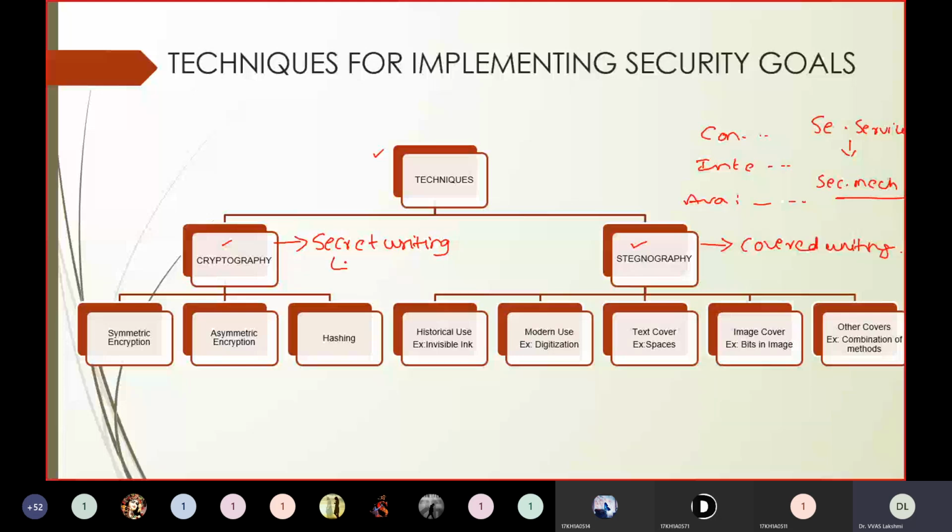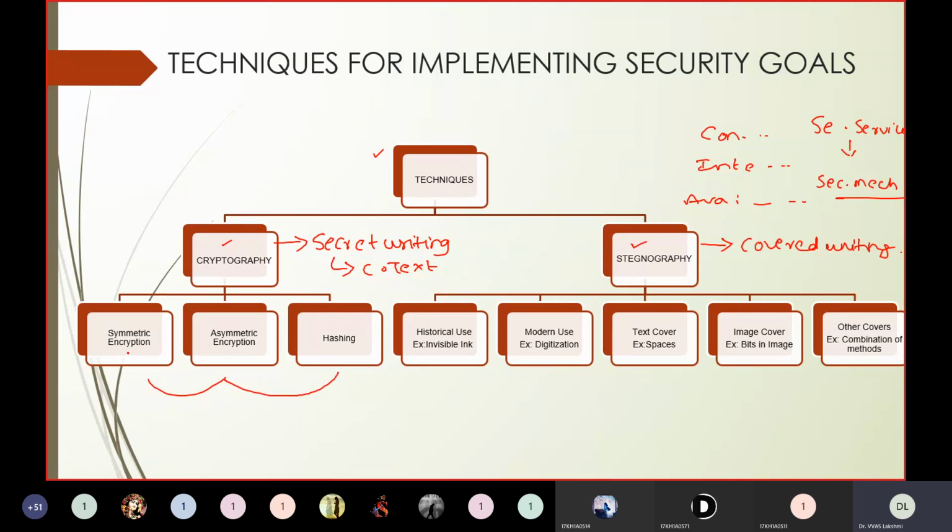Here all the data is transmitted in the form of cipher text. Instead of sending plain text as it is, we are going to convert that plain text into cipher text to prevent attacks, to maintain the security or confidentiality of the information.